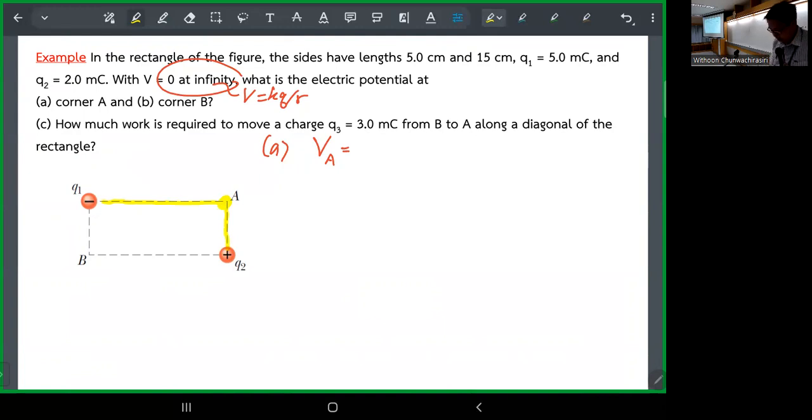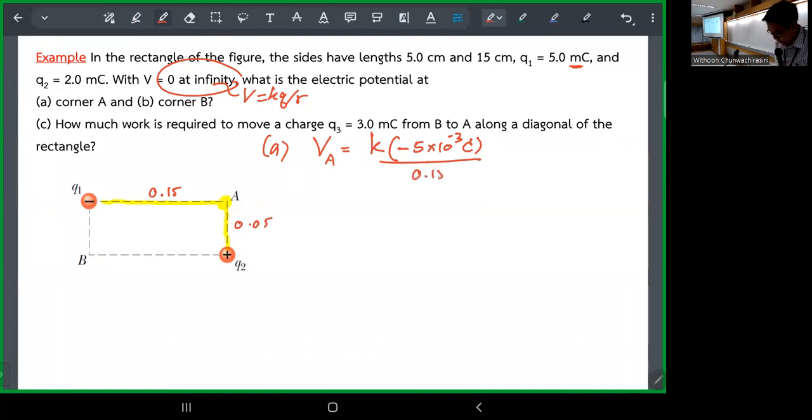Okay, all right, so that is no problem. Well, okay, John, it's going to be K. Q1 is negative. So let's say -5 millicoulomb, 10 to the -3 coulomb, over, now the distance over here is 15 centimeters. So let me put 0.15 meter there.